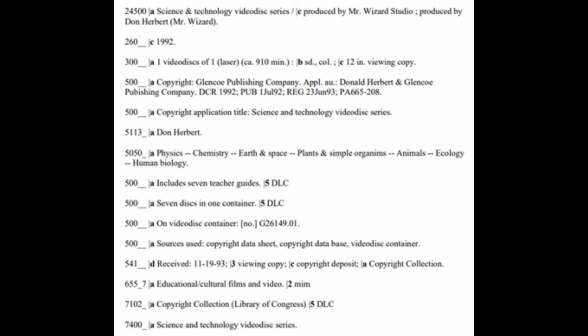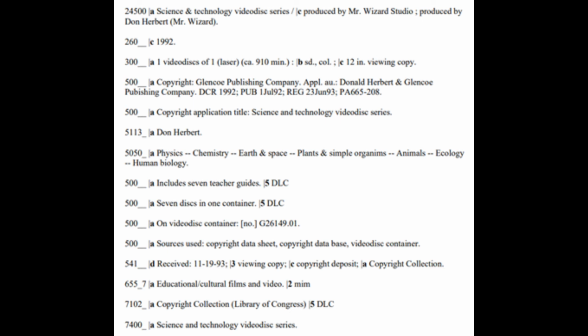Then in tag 300, that is the information about the running time of the DVD. So in subfield code A, we have one video disc, one laser video disc or DVD laser, then approximately 910 minutes. Then subfield code B, it's sound and colored.